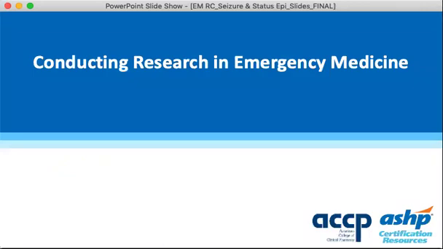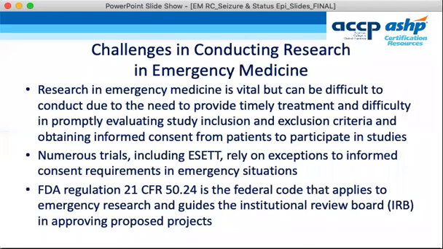So now we're going to switch gears completely and talk about conducting research in emergency medicine. Why? Because we talked about some studies that enrolled patients in this type of scenario. Research in emergency medicine is vital, but it can be difficult due to the need to provide timely treatment and difficulty in evaluating patients, especially inclusion-exclusion criteria, and lastly, obtaining informed consent.